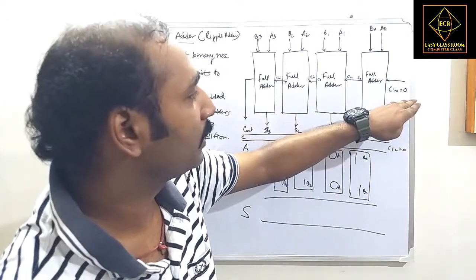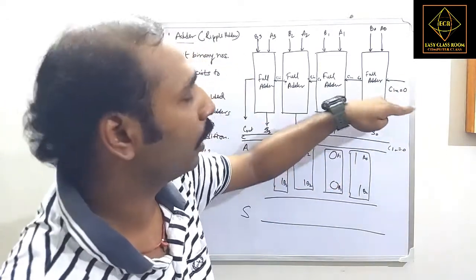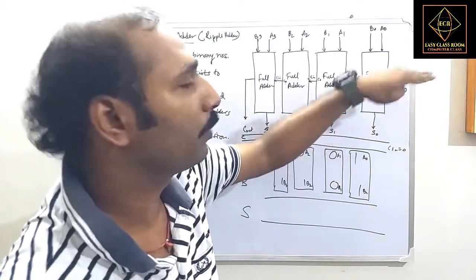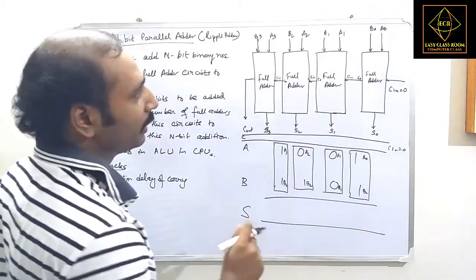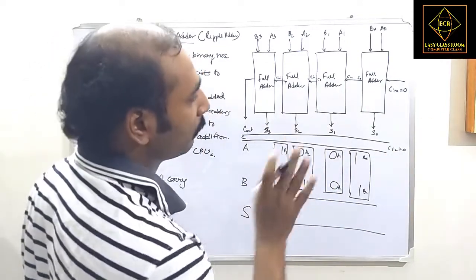Why is the C in 0, and why do we need C in over here in the first place? Let us consider that we need to add 16-bit or 32-bit numbers.